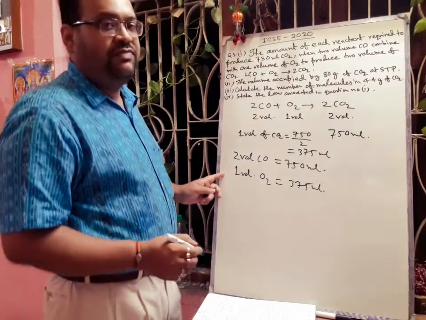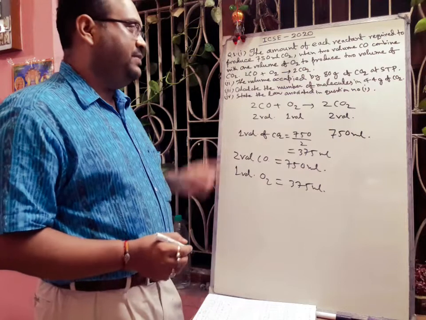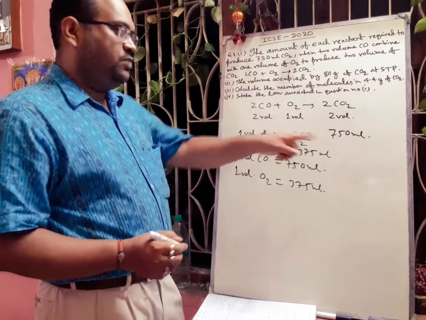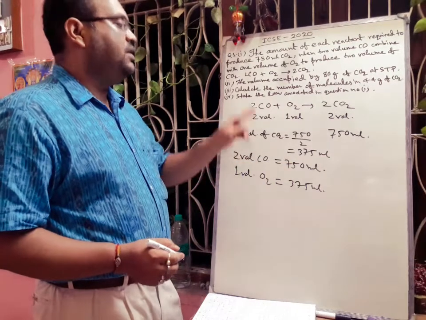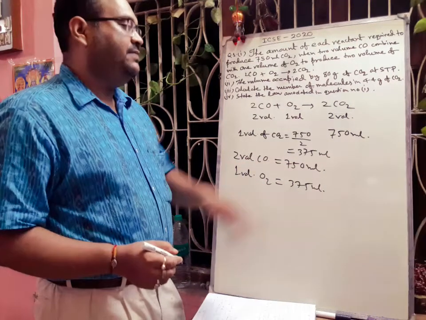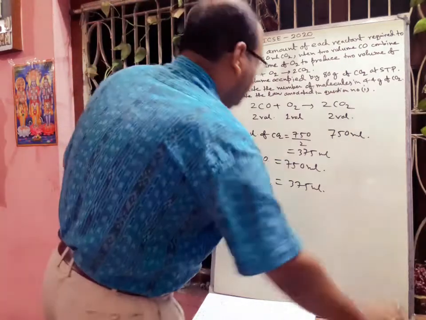This is the answer to your first question: to produce 750 ml of CO2, we need 750 ml of carbon monoxide and 375 ml of oxygen. Okay. Then we will go to the next question.